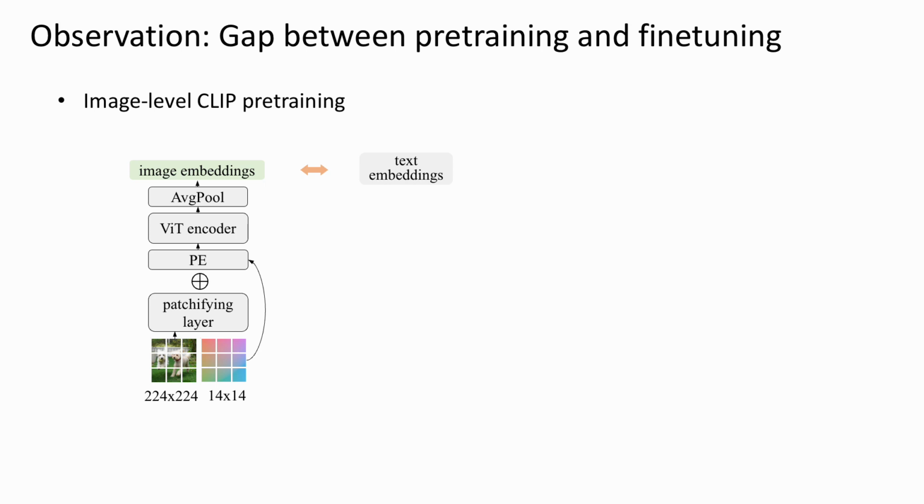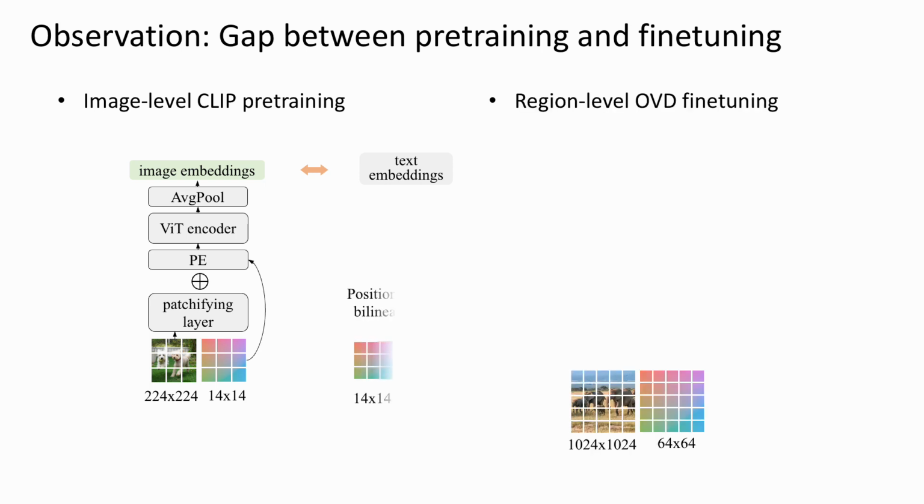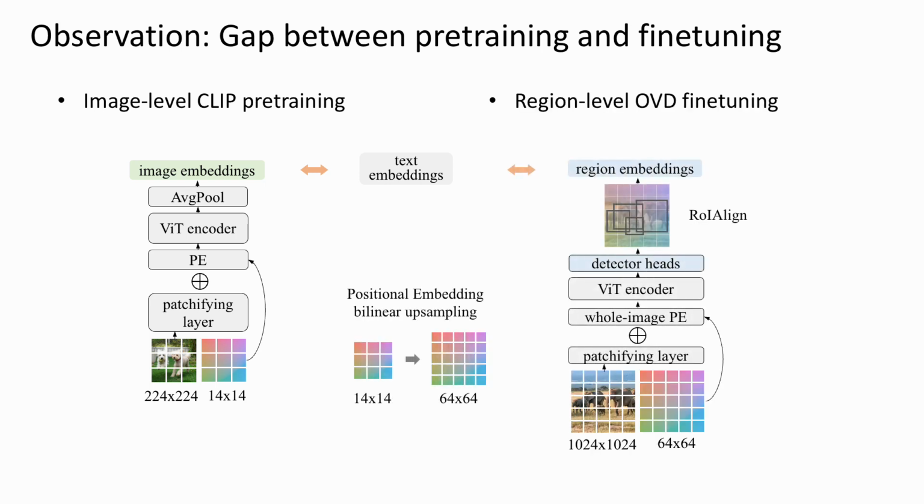At pre-training, we typically use image size 224, which results in 14 by 14 image tokens. Then these are added with the positional embeddings of the same shape. There are following transformer blocks and a global average pooling at the last layer, where we obtain the image embedding, which is then matched with the text embedding. On the right hand side shows the OVD fine-tuning, and typically higher resolution images are used for detection.